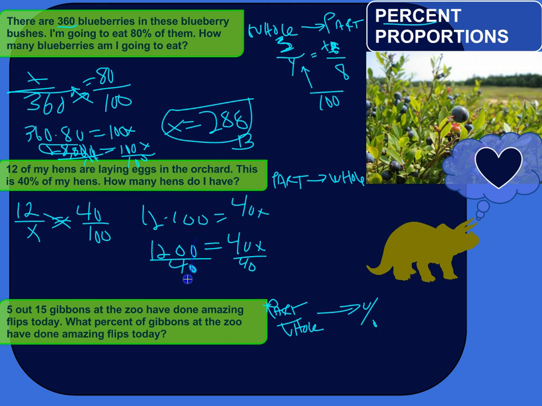These last two zeros cancel out in both, so 120 divided by 4 is 30. So x equals 30 hens. So 12 hens out of 30 hens is 40% of the hens.